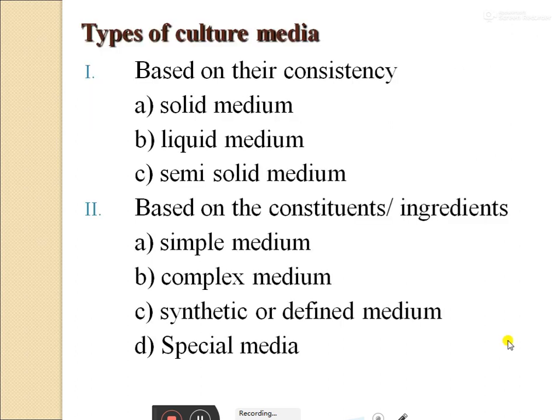The culture media are classified into different classes based on their consistency: solid media, liquid media or semi solid media. The second classification is based on the constituents or ingredients which are added: simple media, complex media, synthetic or defined media and special media.